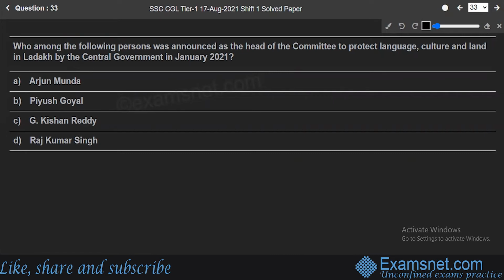See, the central government formed a committee to protect the language, culture, and the land in Ladakh, ensuring citizens' participation in union territories.